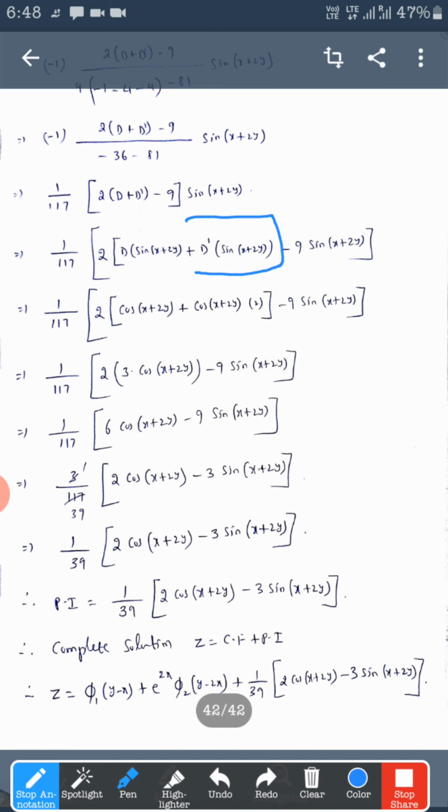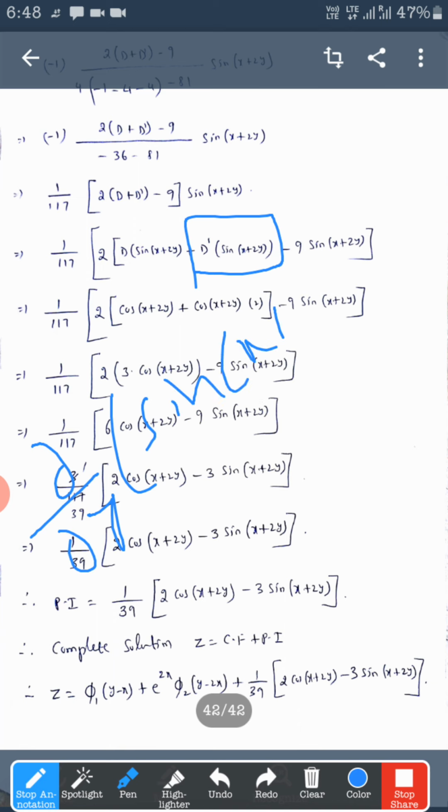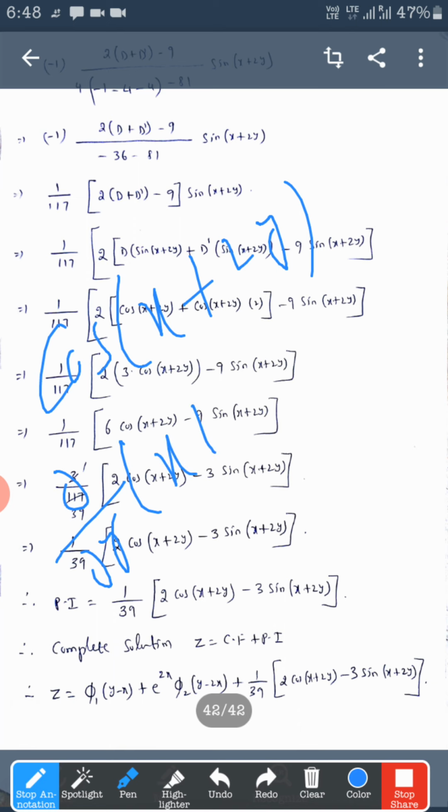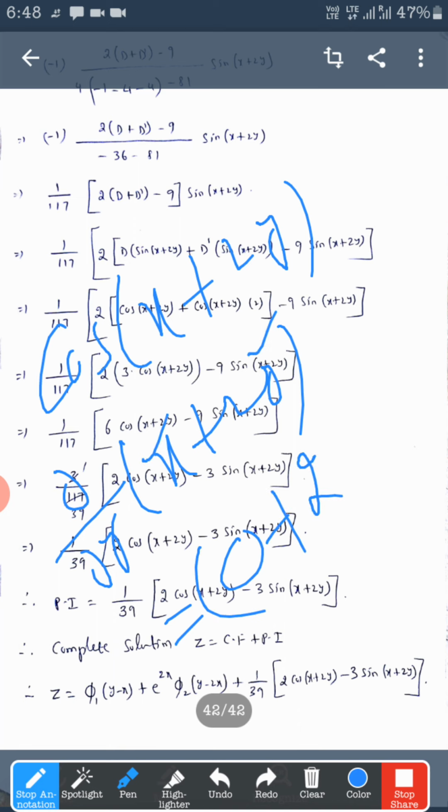Next, coming to this, D dash means dou by dou y of sin of x plus 2y. That means cos of x plus 2y, and again dou by dou y of x plus 2y. Here we are differentiating partially with respect to y. So x becomes constant, therefore 0 plus 2 into dou by dou y of y is 1, 2 into 1, which is equal to 2.